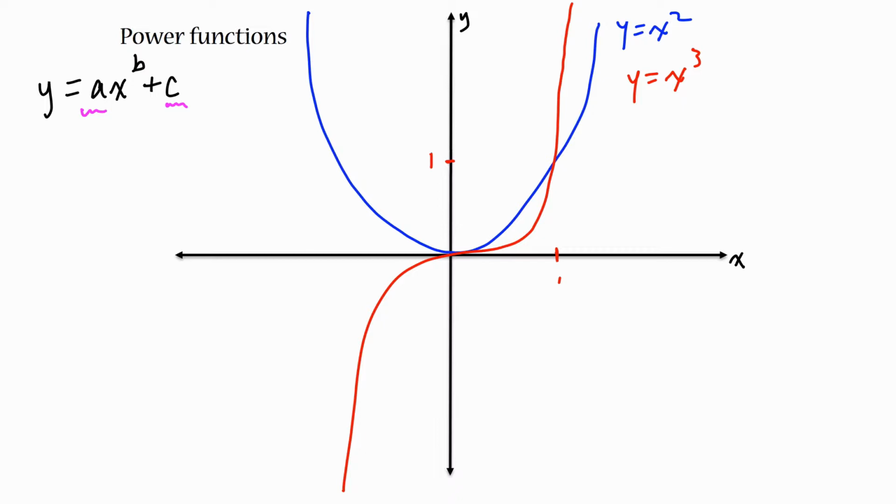And if I increase the exponent a little bit more and I go for y is equal to x to the fourth, that's going to go off to infinity even faster. It's going to go through the same point. And it's always going to be positive. Even powers are always positive. Odd powers can have negative values.